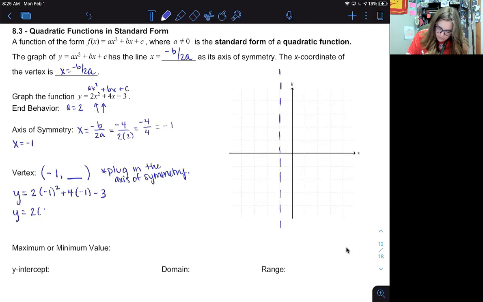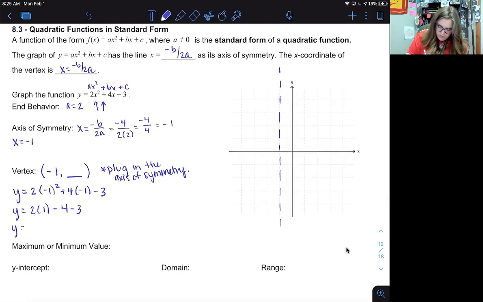So we have 2 times 1. 4 times negative 1 is a negative 4, minus 3. 2 times 1 is 2. Minus 4 minus 3 gives us negative 5. So our vertex is the ordered pair negative 1, negative 5. I'm going to plot that point.